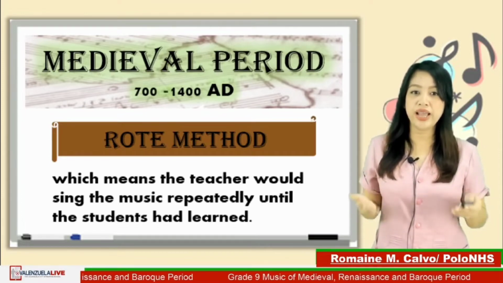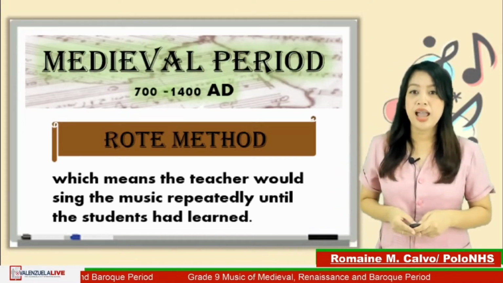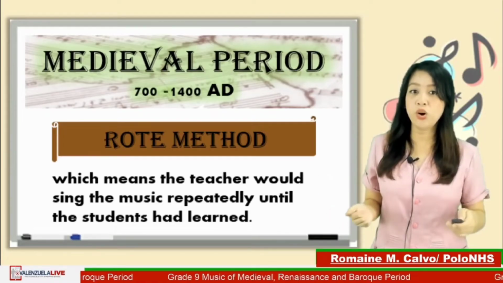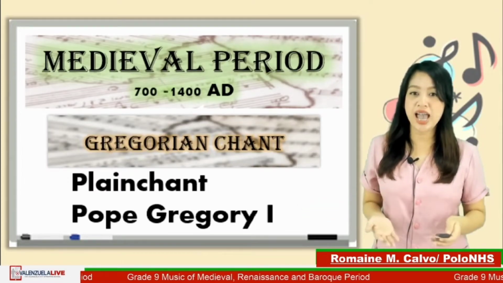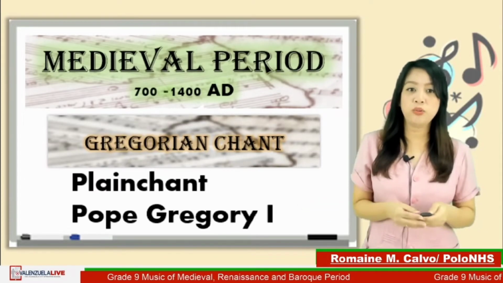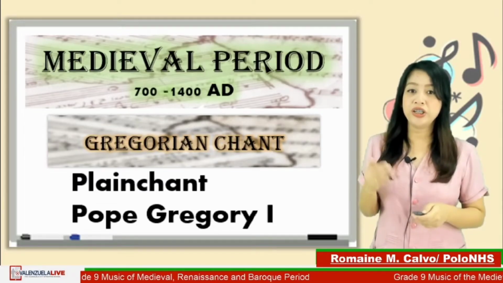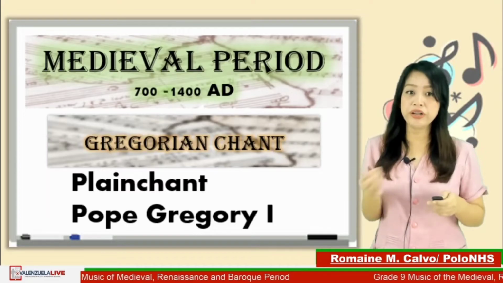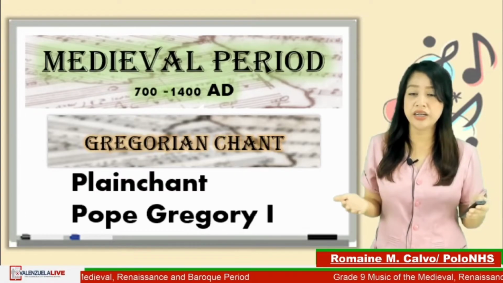They started writing music in 1000 AD, and their sacred music was known as the Gregorian chant, a plainchant which was believed to be named after Pope Gregory I. For the church, the word of God was more important, so the rhythm was unnecessary for their music.